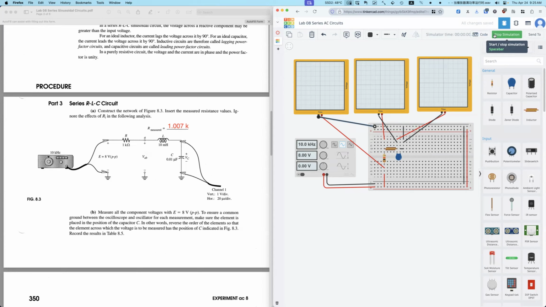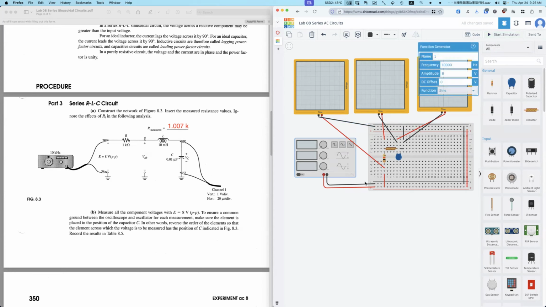Even this way doesn't show anything. The left one should show the curve. Let me check whether this one. Let me reconnect this.